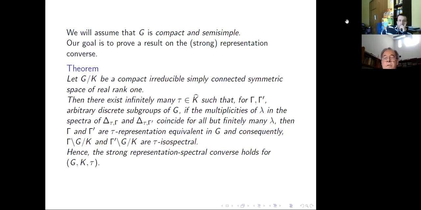Hence, the strong representation spectral converse holds for G, K, tau.